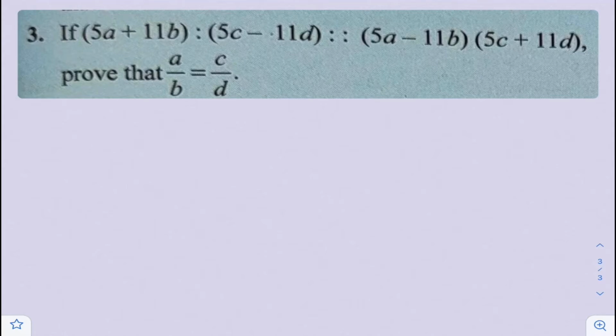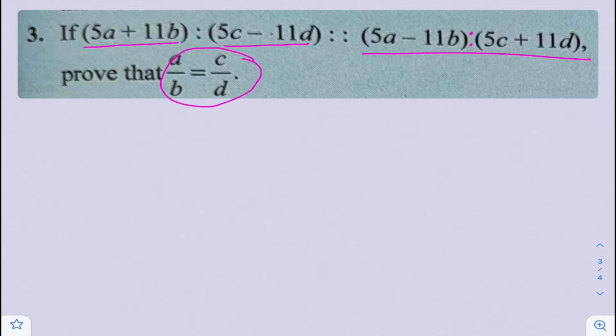Now we are coming to question number 3. This and this ratio is equal to this and this ratio. Here they have not mentioned the ratio sign, so make this correction in your book also, and we have to prove this.